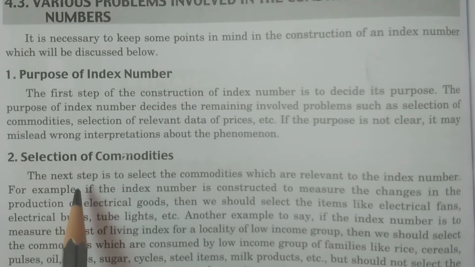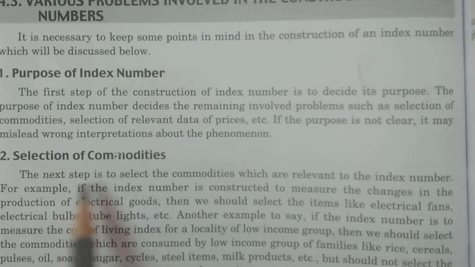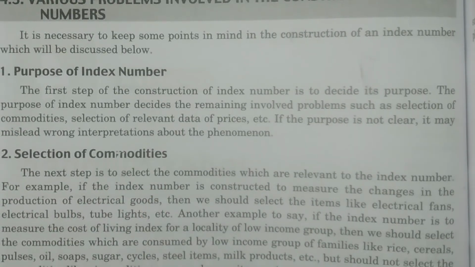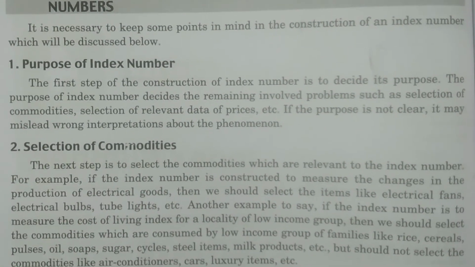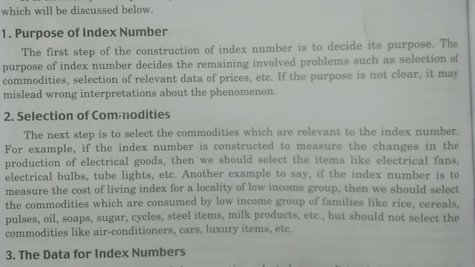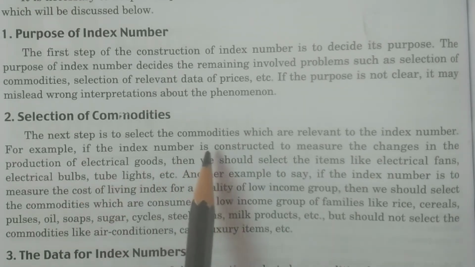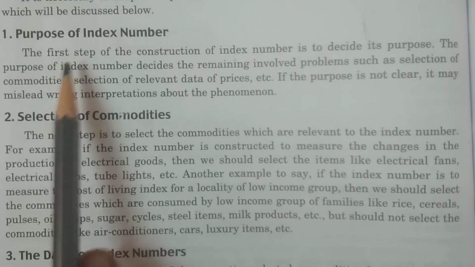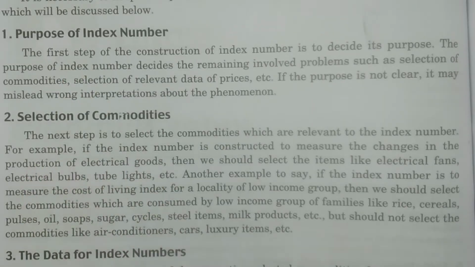The second one, selection of commodities. In this particular point, the next step is to select the commodities which are relevant to the index number. After deciding the purpose, you have to select what commodities are required to be considered in studying the index number, in that statistical study of the construction of the index number.